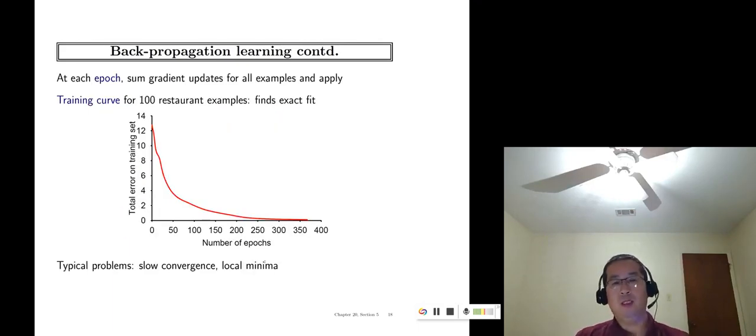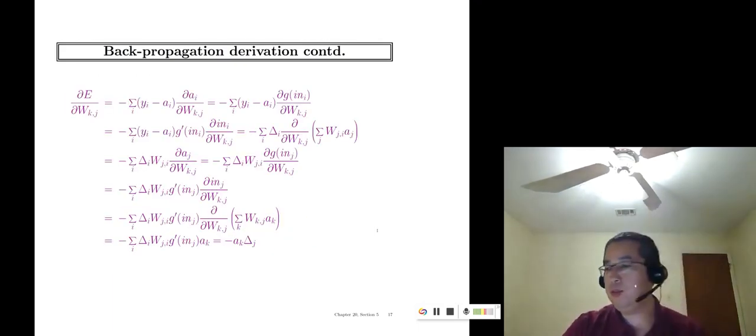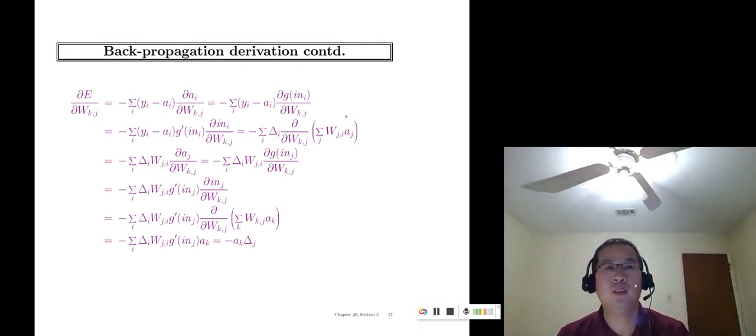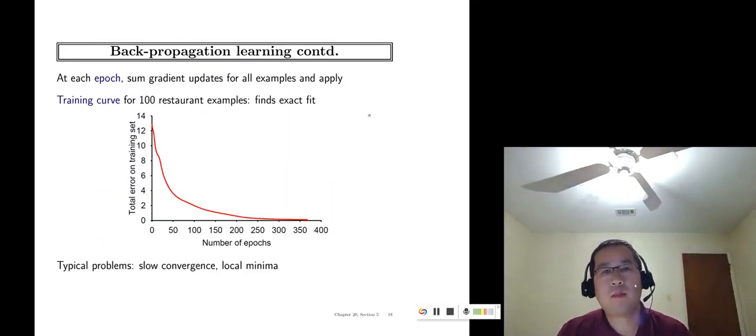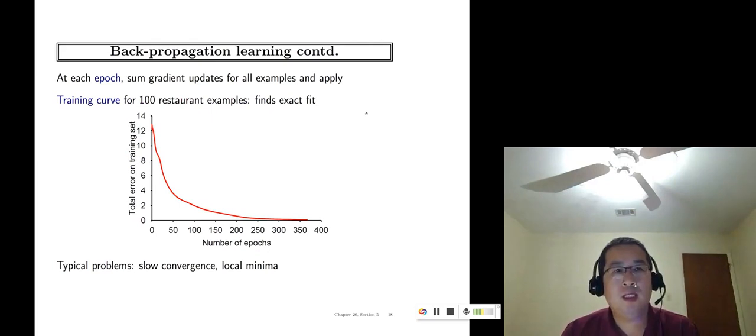Okay, let's continue to the next. For backpropagation learning, you can find that at each epoch we sum gradient updates. We mentioned this before: each epoch contains a list of examples.